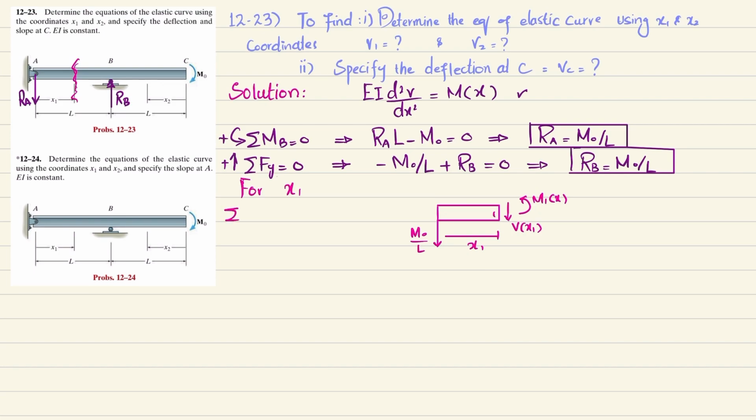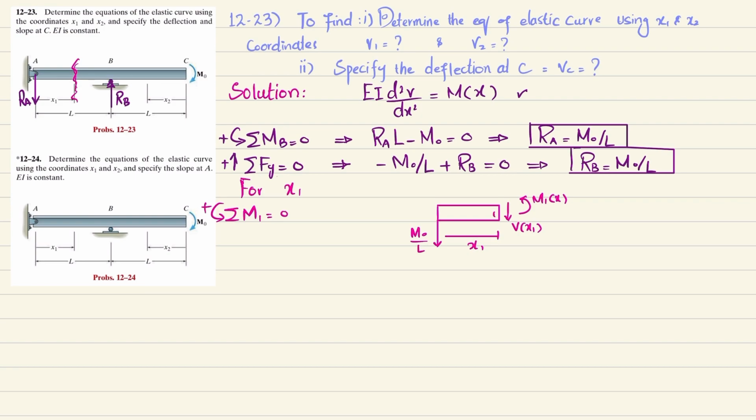Now we find this moment M1 by using the sum of all moments about O1 equal to 0, taking counterclockwise moment as positive. The first moment is due to this force M naught over L with perpendicular distance x1, and it is counterclockwise, so it is positive, plus this internal moment, which is also positive, and their sum must equal 0.